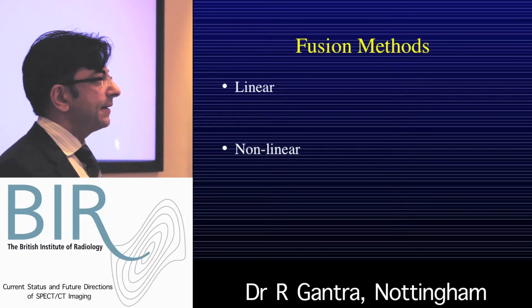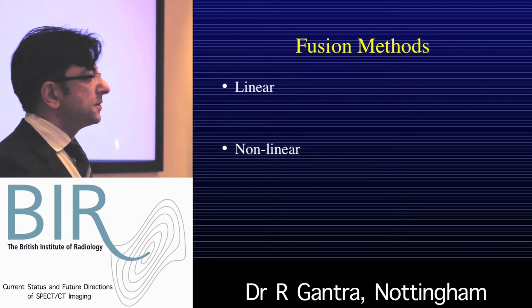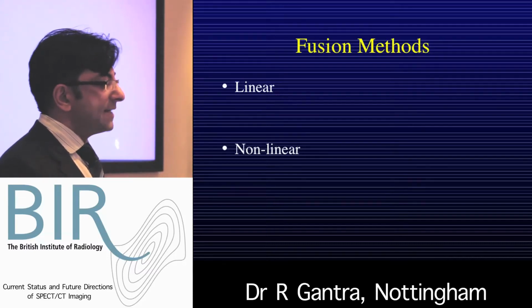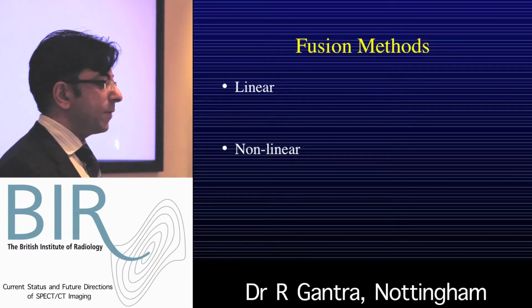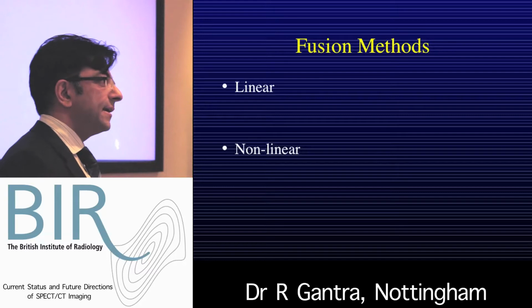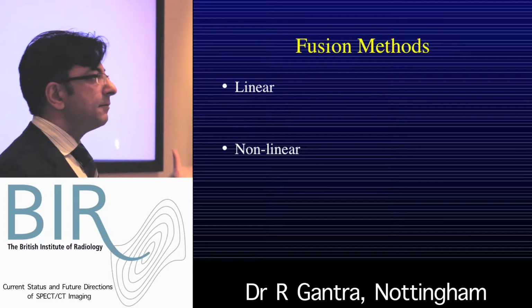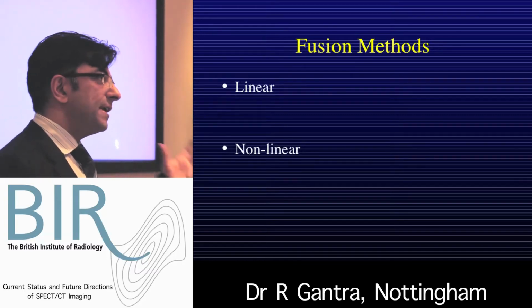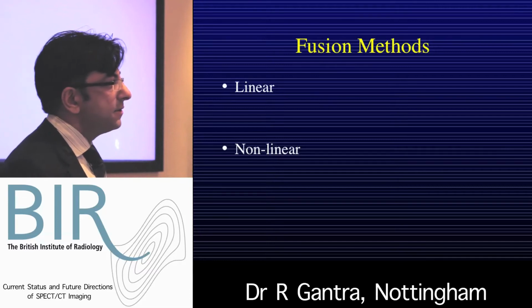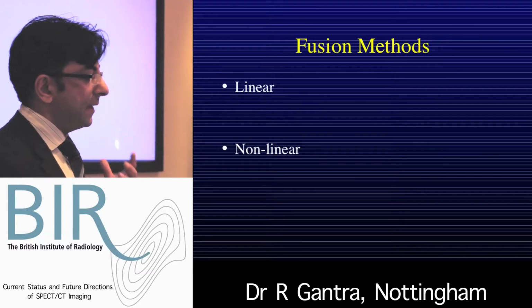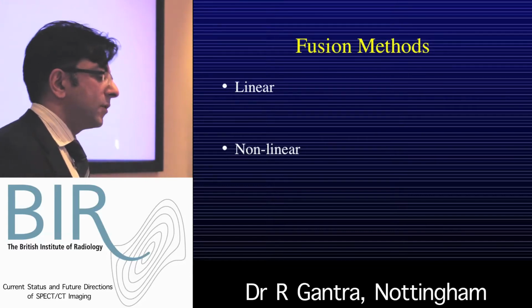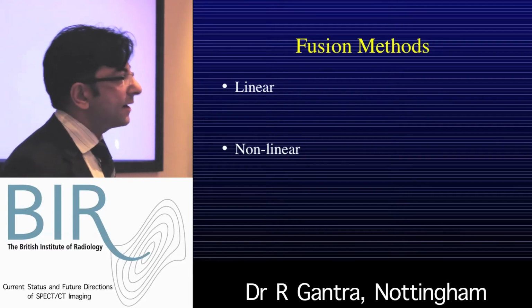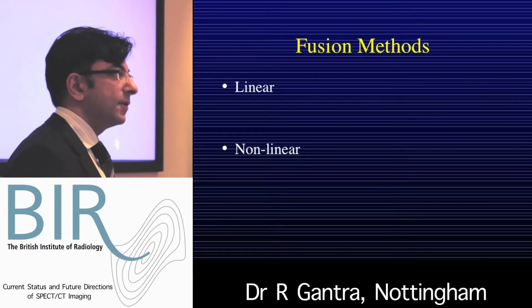You can use linear techniques where you apply the same rules to everything within the same data set and convert, say, a small square to a big square. Or you can use non-linear techniques where you can apply regional rules for regional change. And these are useful when the patient position, for instance, is different between the two data sets, i.e. arms up or arms down position. And we can correct for that to some extent using non-linear fusion.